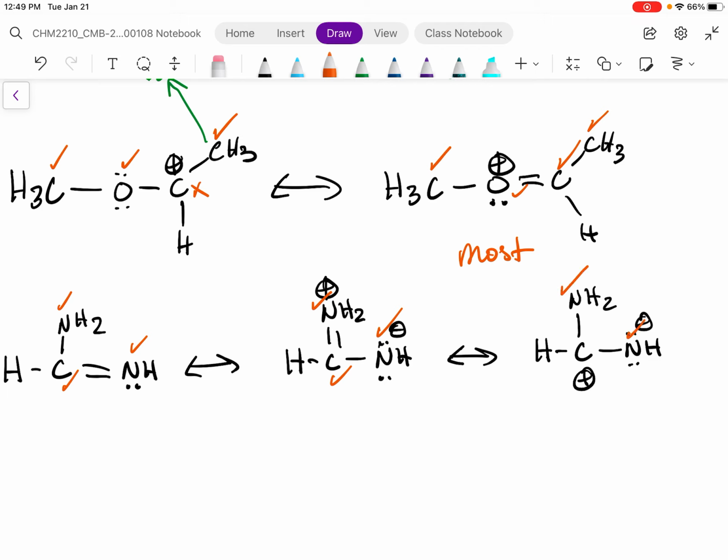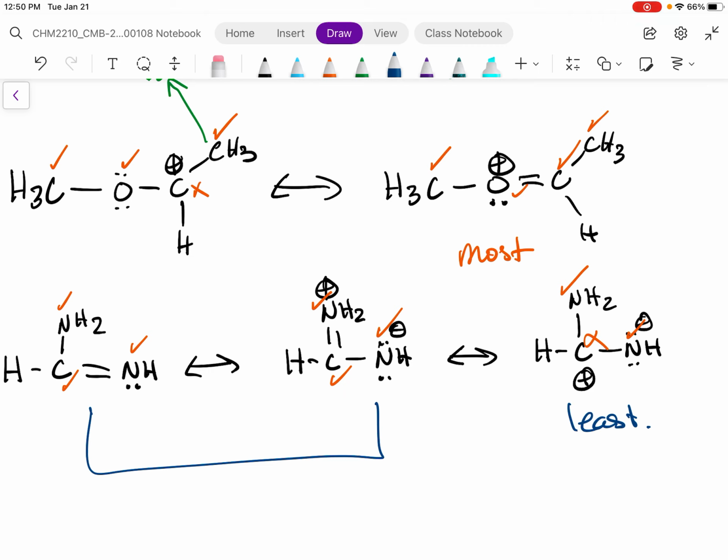Octet, octet, no. So based off of rule 1, of these 3 resonance structures, we can say that this is the least significant because it does not have an octet. So now we have these 2 that are a tie. Rule 1 doesn't break the tie. Which one's more significant between those 2?